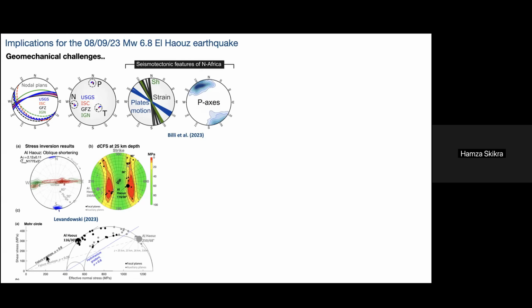As we can see from the Mohr circle, considering a standard failure envelope with friction coefficient of 0.6, the gently dipping El Haouz fault plane appears as the most potential causative fault for this event.